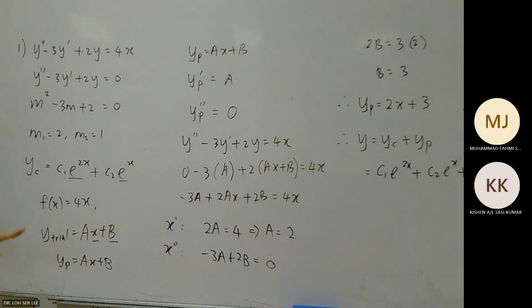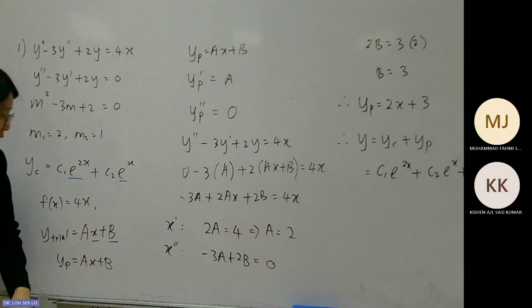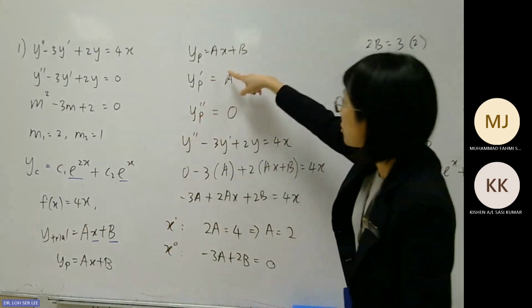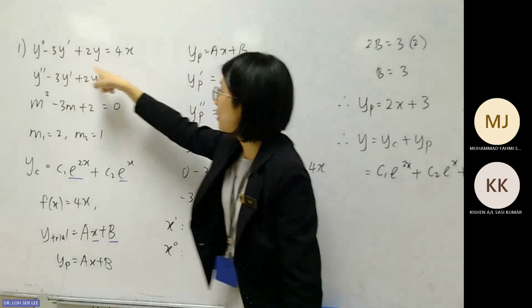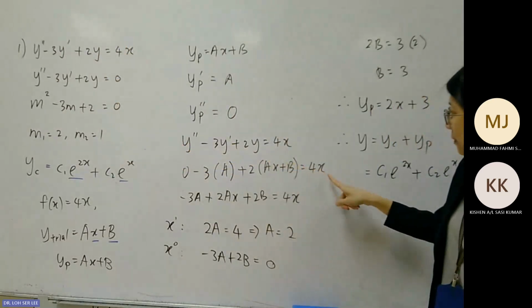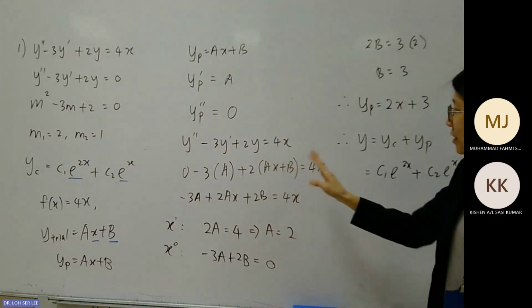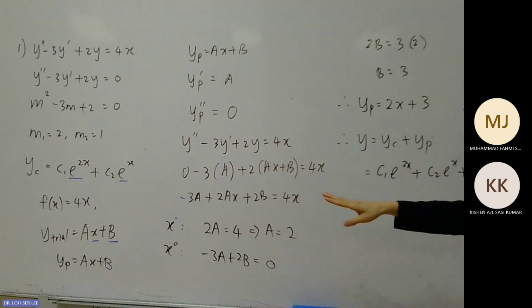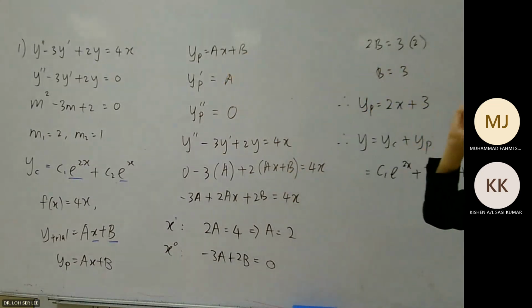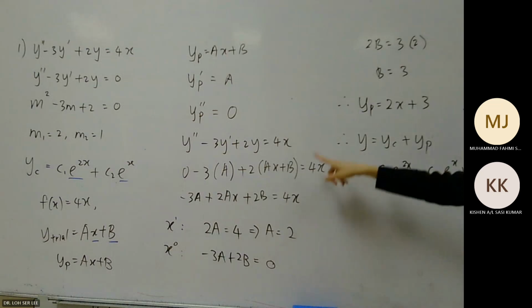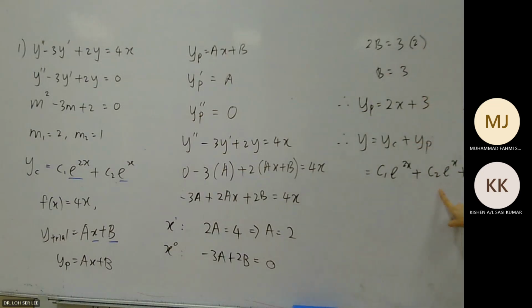Once you have your yp with unknowns, we differentiate twice, then put them into the differential equation. Then we compare both sides of the coefficient functions to get the values of these two. Once you get them, update your yp and form the final solution by combining the yc and yp.